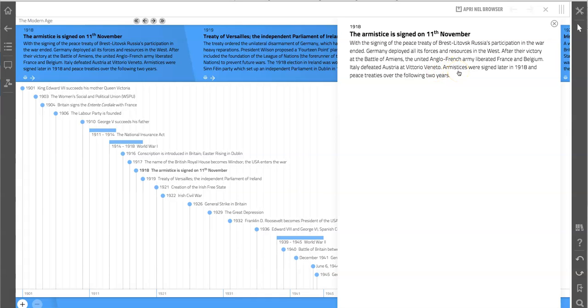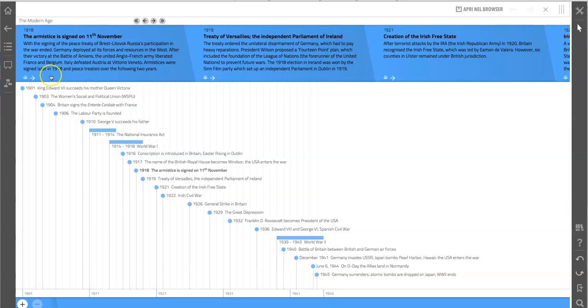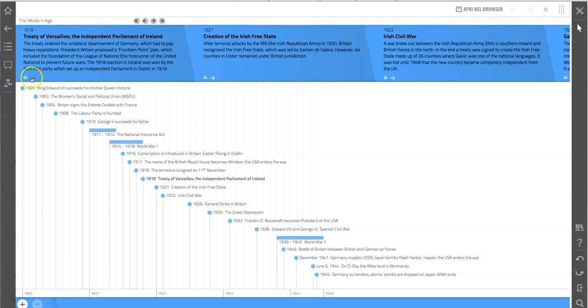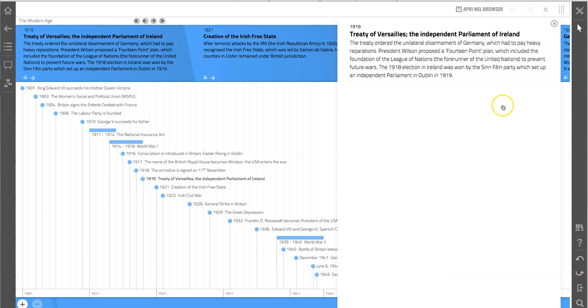Armistices were signed later in 1918, and the peace treaties over the following 2 years were signed. In 1919 was signed the Treaty of Versailles, and we have the foundation of an independent Parliament of Ireland.